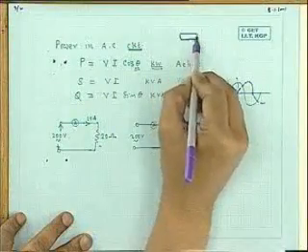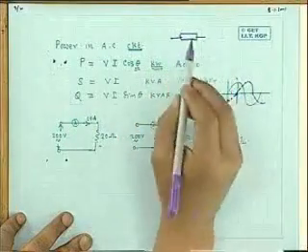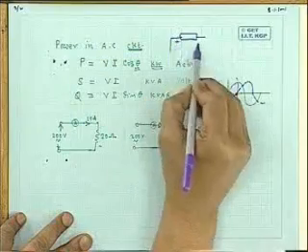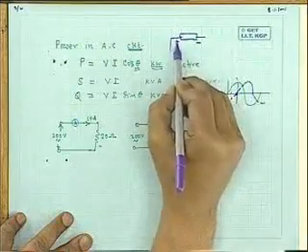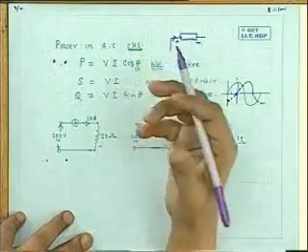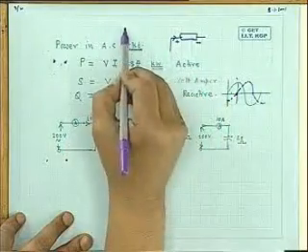Okay? Any element, suppose you have an element, this point should be understood. If you have any element, resistance, inductance, capacitance, whatever it is, if the voltage polarity across the element is like this and current enters through the plus terminal, it absorbs power.